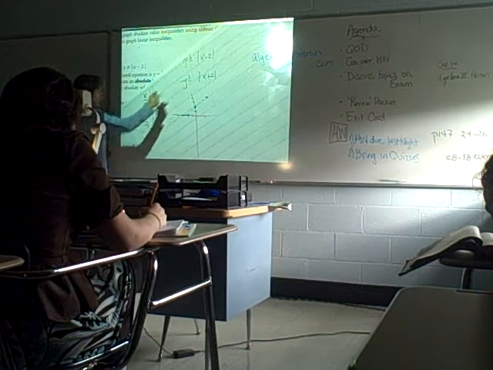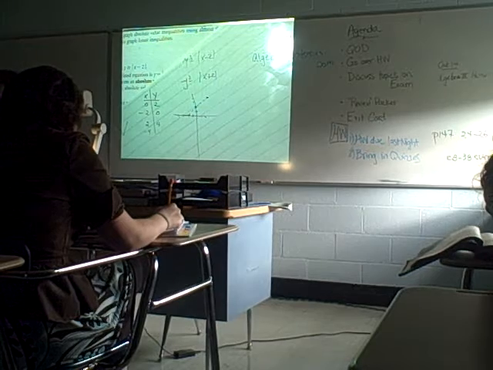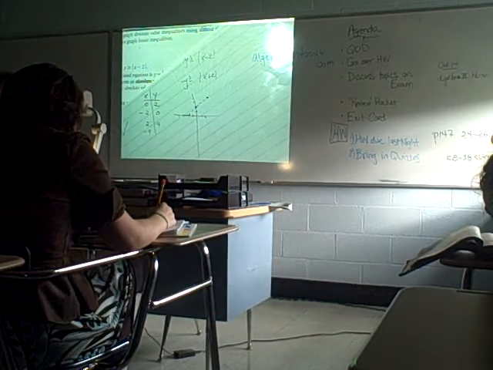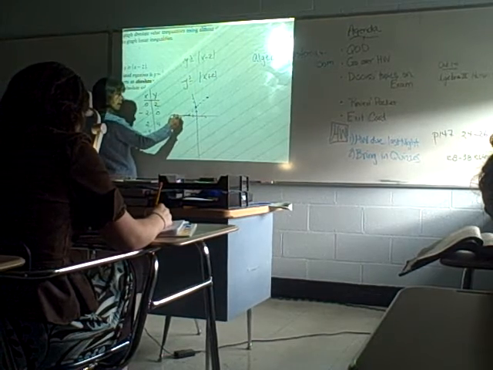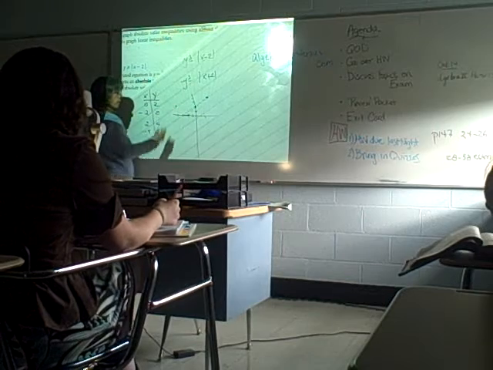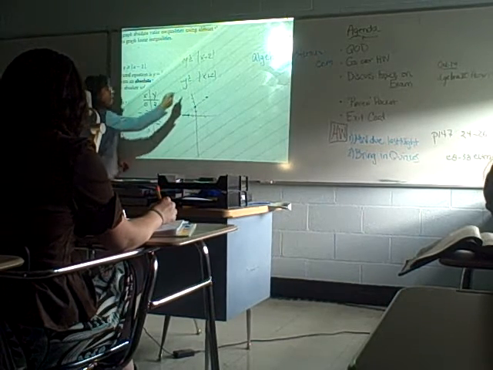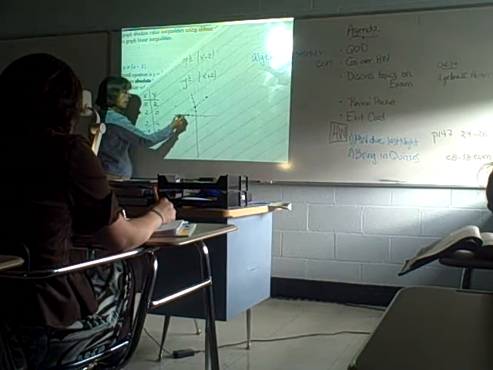When x is negative 4, negative 4 plus 2 is negative 2. The absolute value is 2, so it is up 2. And had we done negative 3, negative 3 plus 2 is negative 1, and the absolute value would have been 1.